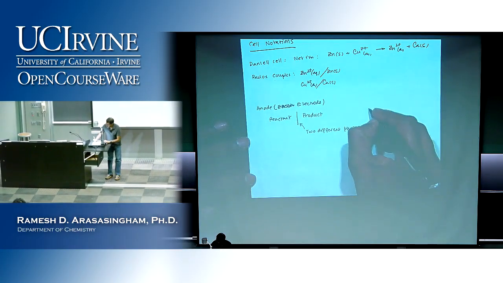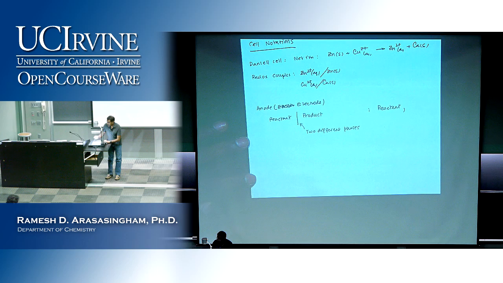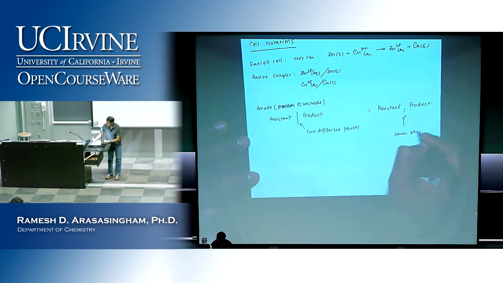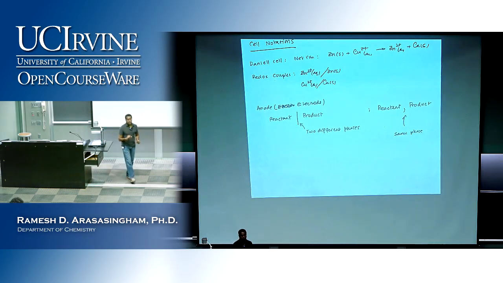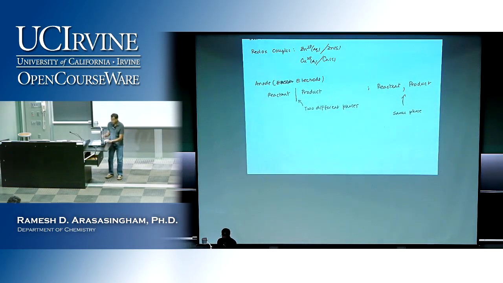Or, you always write the reactant first, and then you put a comma, and then the product. This means same phase. So if I wanted to write the Daniell cell, my anode would be, my reactant for that is zinc.